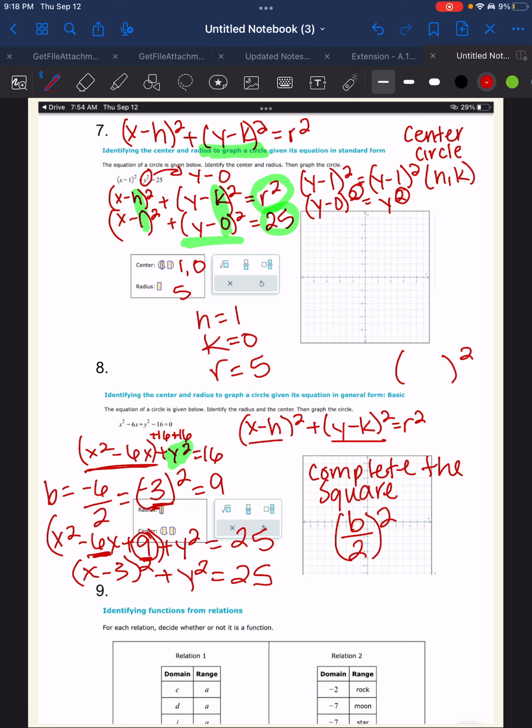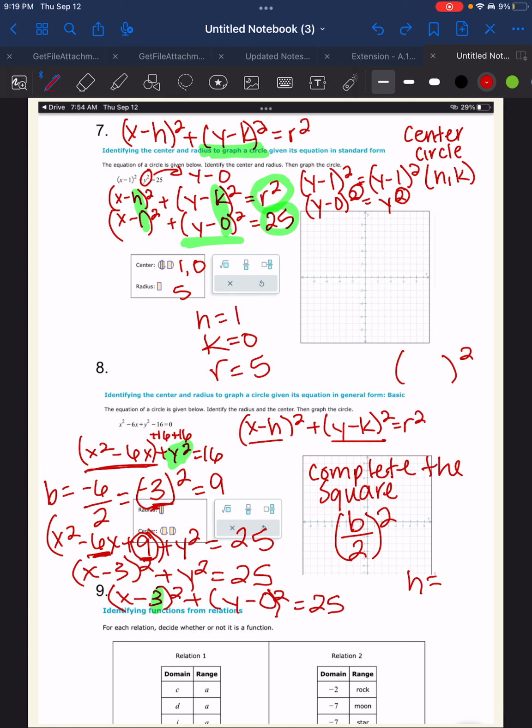Going back to number 7, for y squared, we said y minus 0 squared. X minus 3 squared plus y minus 0 squared equals 25. What's h? 3.